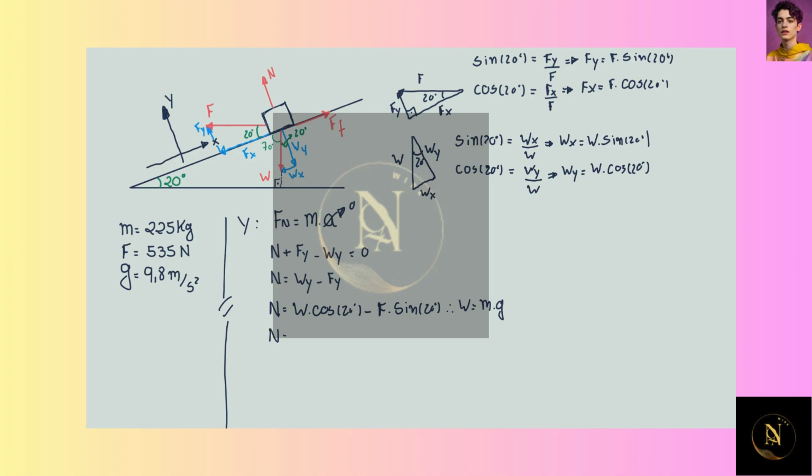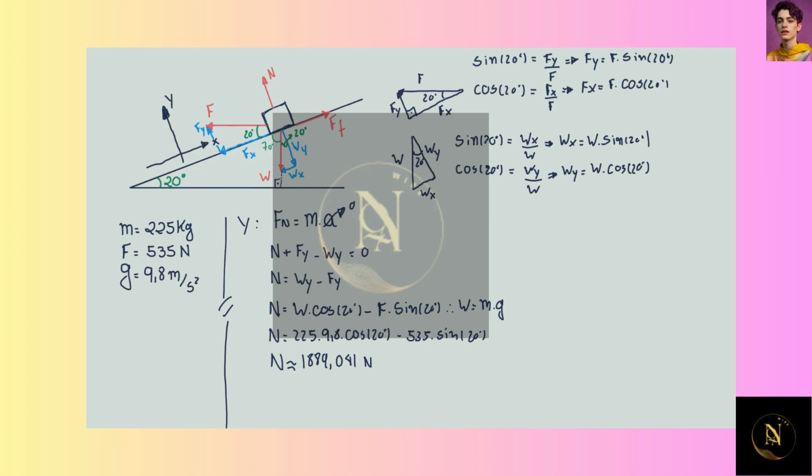So the normal force is given by 225 times 9.8 times the cosine of 20 degrees, minus F, which is 535, times the sine of 20 degrees. This results in a normal force of approximately 1889.041 newtons. Now we keep this value and proceed to apply Newton's second law in the x direction.